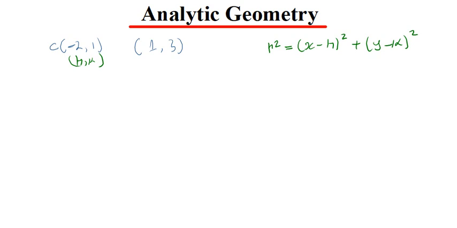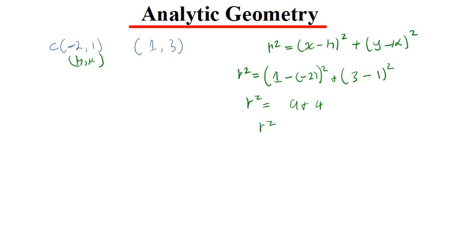So for the others who are quiet, we simply said r squared is equal to, since we're already given 1 point, we just pick the value of x for that point, which is a 1, minus our h, which is minus 2, so it's minus 2 squared, plus our y, which is a 3, minus our k, which is a 1 squared. So we have r squared being equal to 3 squared, giving us a 9, plus a 4 there, because 3 minus 1 is 2, and 2 squared is 4.